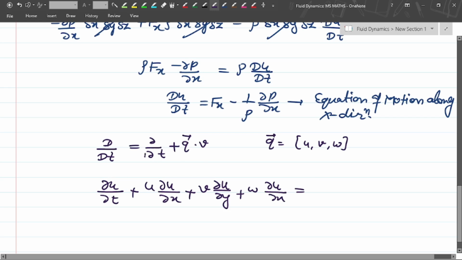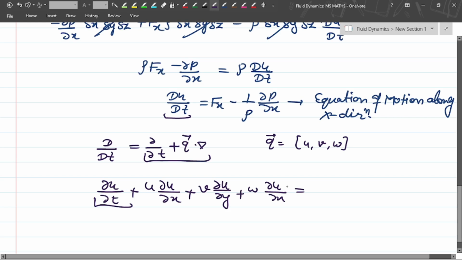Now we replace this with this, and the meaning of this is du by dt. This is the relation if I apply u here. It is the divergence, sorry for that, not v.